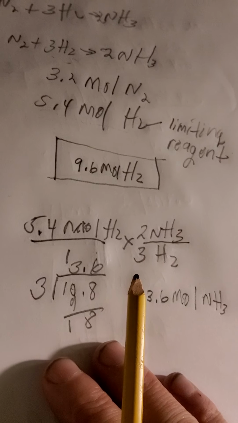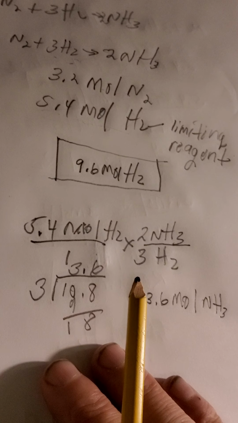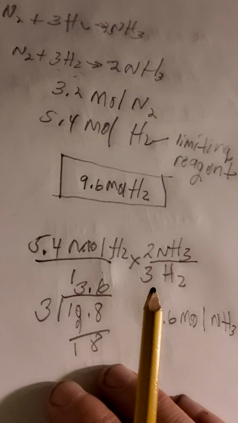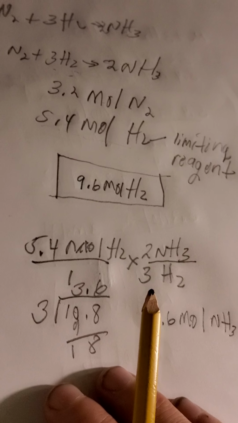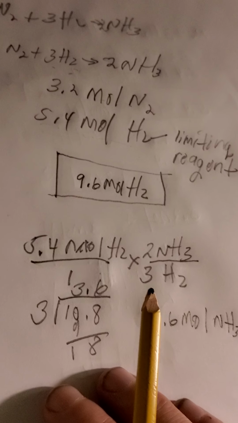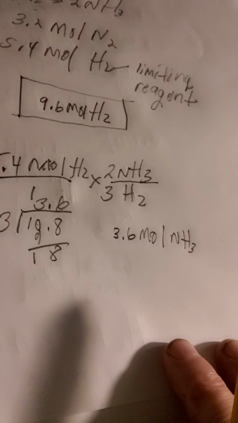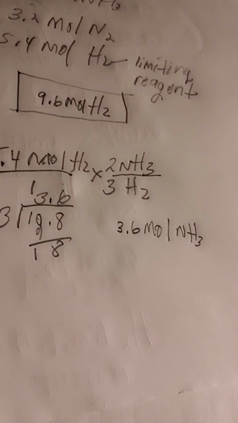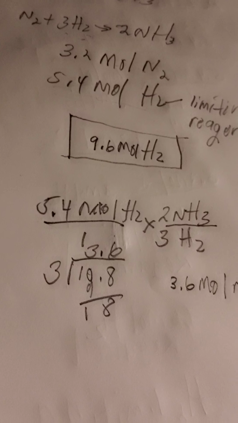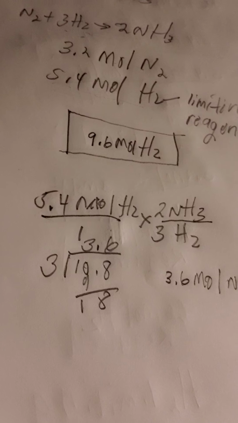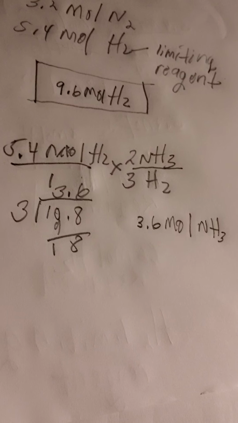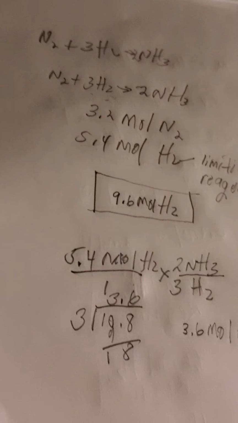Even though it looks like you've got way more hydrogen than nitrogen, according to the chemical equation, if you mix these chemicals, you're only going to be able to make 3.6 moles of ammonia. But if you had the total 9.6 moles of hydrogen required by the equation, then you could make a lot more. That's basically how it works.